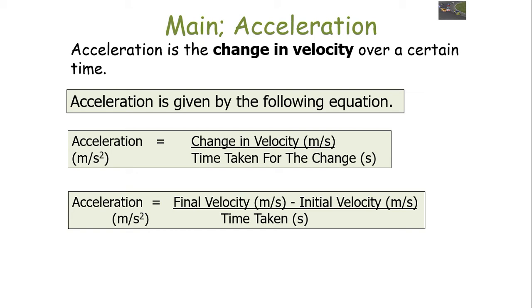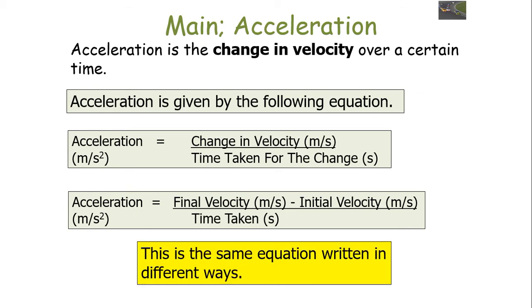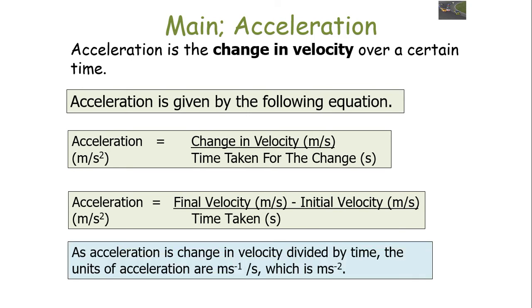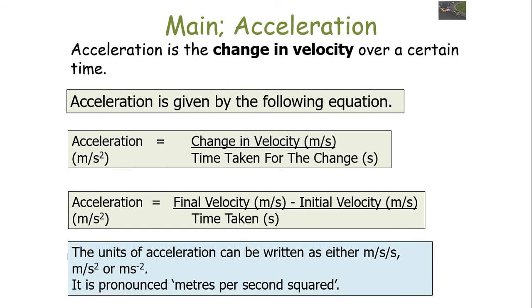Acceleration in meters per second squared is equal to change in velocity, meters per second, over time taken for the change, in seconds. These two equations are the same way to write that equation, because change in velocity is final velocity minus initial velocity. And once again, this equation needs to be memorized for your examination. The acceleration is measured in meters per second squared because we're doing meters per second divided by seconds, so it's meters per second squared.